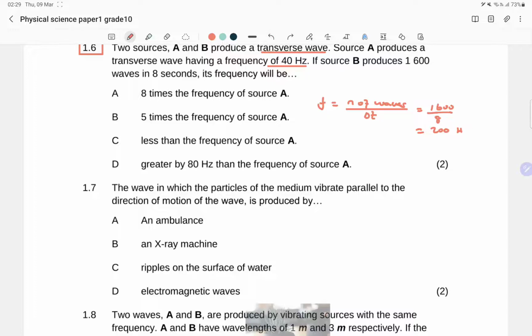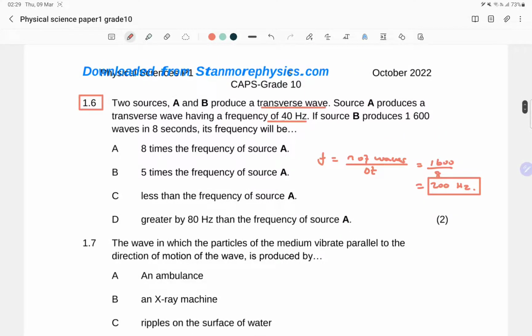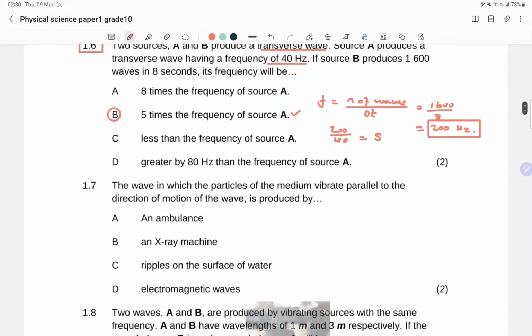Now we need to compare this value to the value of that 40. So basically we can just say 200 divided by 40 gives us 5, a ratio of 5. So essentially it is 5 times the frequency of source A. So that is true. Here you can't guess, you have to work it out. Great.